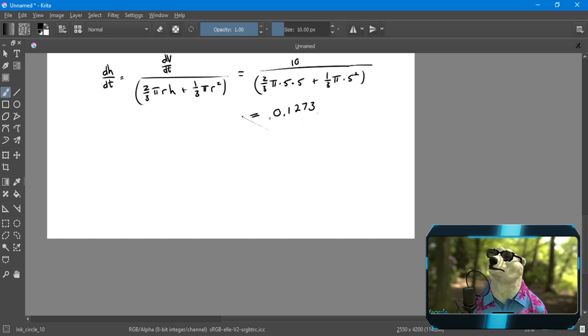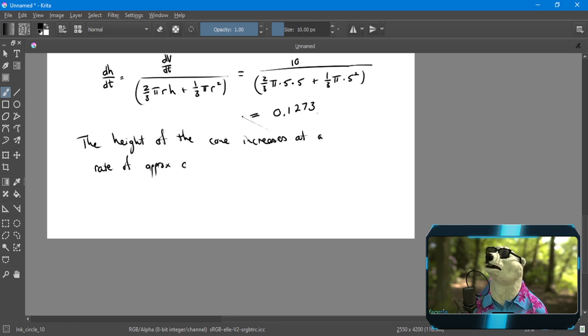So it's positive, which means the height does increase, and we can write our concluding sentence as: the height of the cone increases at a rate of approximately 0.1273 meters per minute. And we are done.